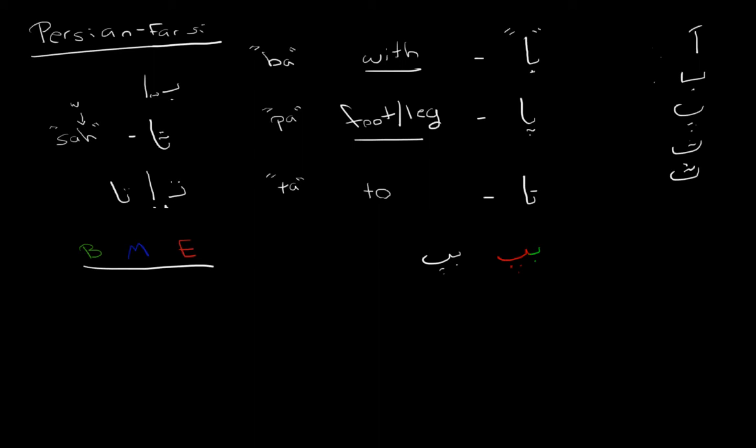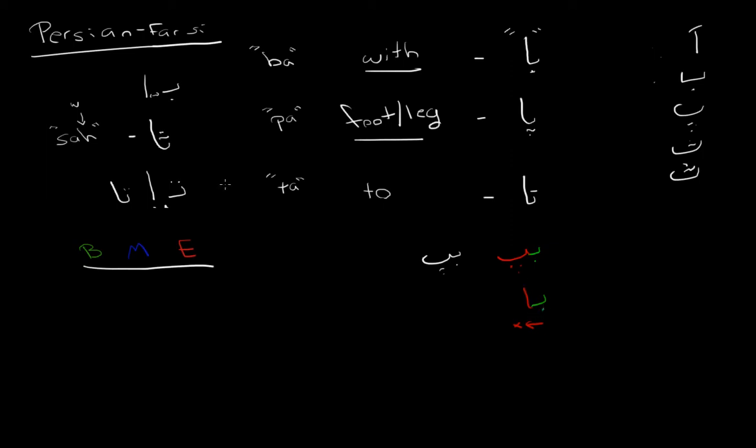Next, I'm going to show you how to connect te. I'm going to do 3 letters, be, aleph, and te. So the beginning form of be, the end form of aleph, because you remember aleph does not connect to the left at all.